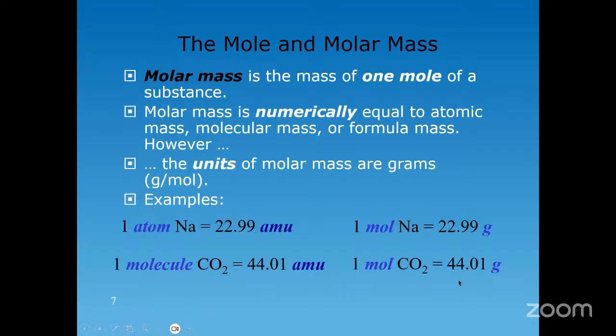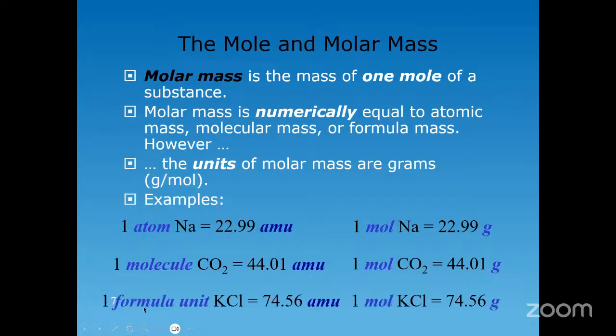Again, numerically the same, but the units are different. And one more example, of an ionic compound, where the formula mass is 74.56 AMU, but the molar mass is 74.56 grams per mole, right? So therefore, molar mass and formula mass, atomic mass, molecular mass, same numerically, but the units will be different.